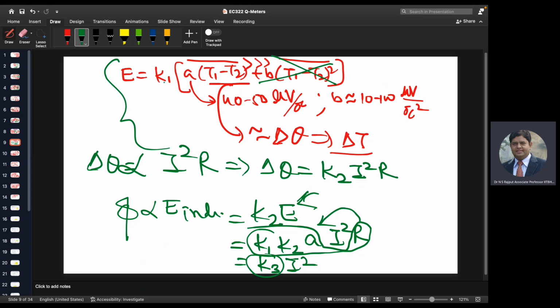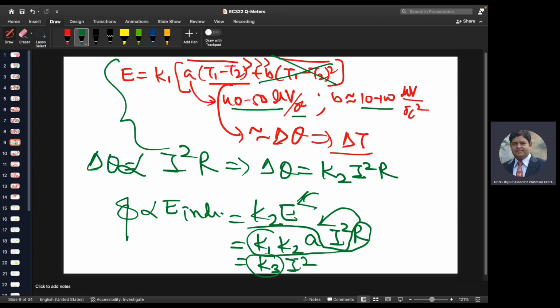So E is equal to K1 times this much, where generally the value of A is 40 to 50 microvolts per degree centigrade, whereas B is considered to be in the range of 10 to 100 microvolts per degree centigrade square, right?